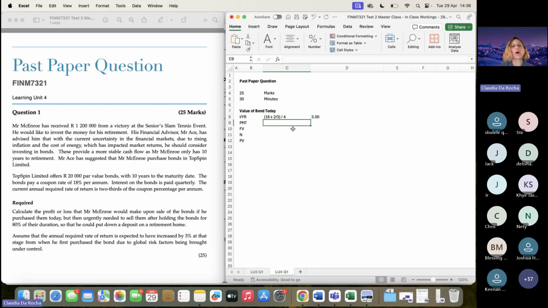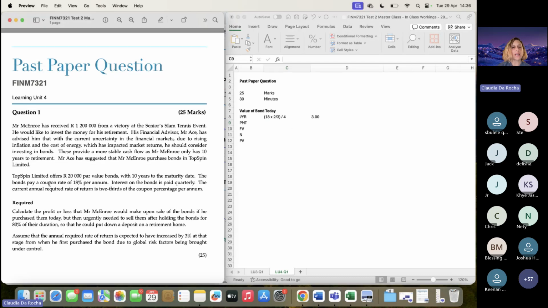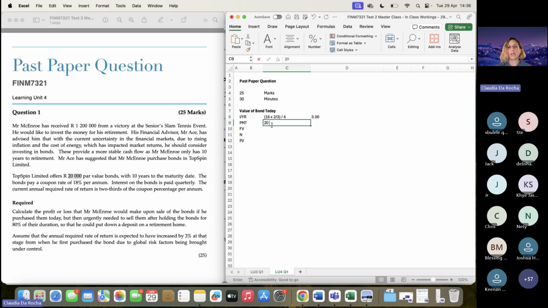Right, then our PMT. So our PMT is always calculated using the coupon rate. So our coupon rate is the 18%. Okay, it is 18% of the par value of your bond. All right, so I'm going to say 20,000 times my 18%. All right, but because we are dealing with compounding, I have to divide my PMT by the number of compounding periods.